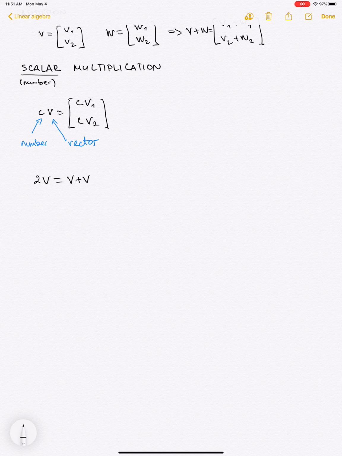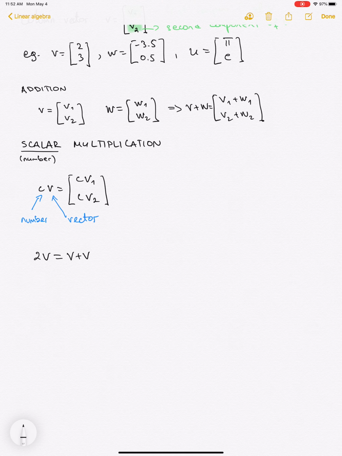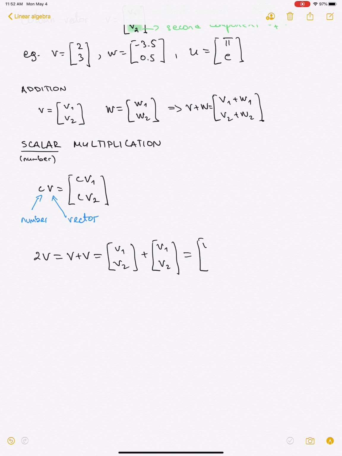We have that same way of thinking with vectors, because from the way we defined addition, V plus V would be V1, V2 plus V1, V2. You add them component-wise, you get V1 plus V1, V2 plus V2.